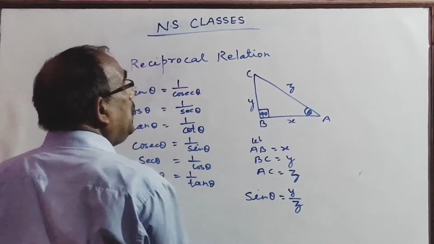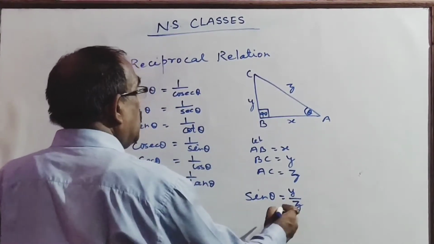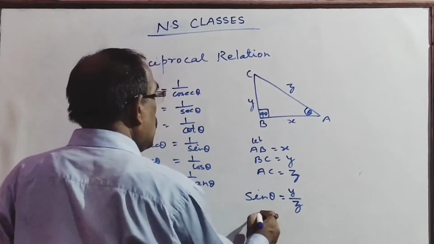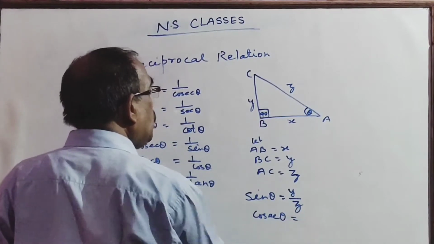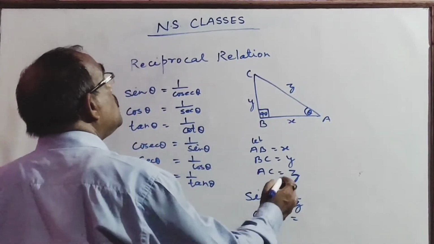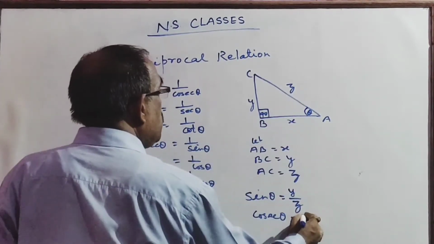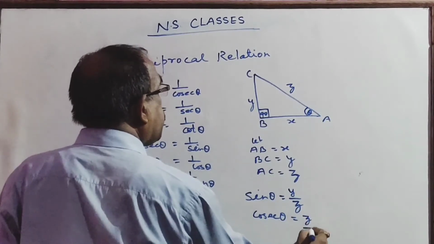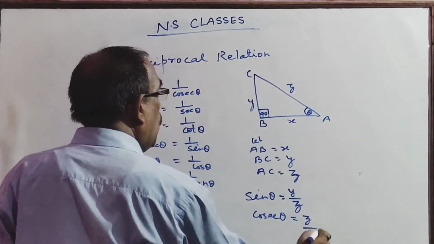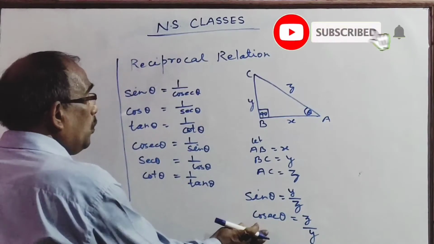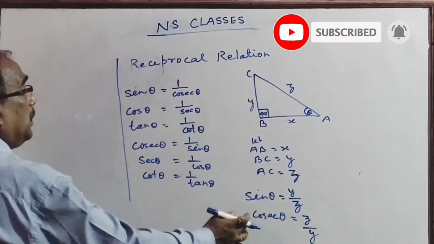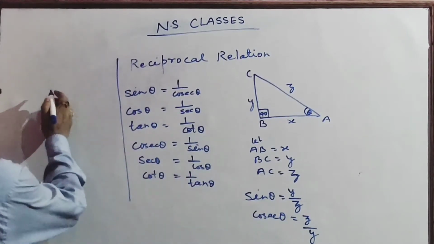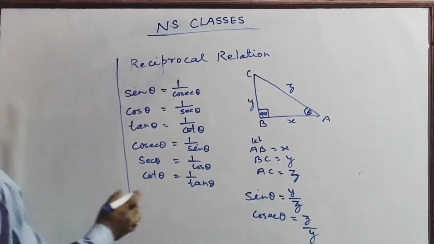And cosec theta, how to write cosec theta? The cosec theta is equal to z by y. There is no place here, that's why I am writing the remaining things this side. Let us have your attention.